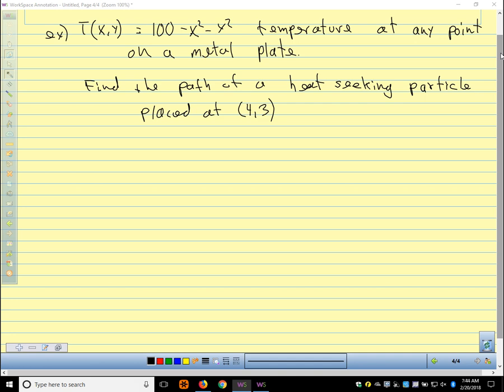All right. Well, this is all we have. Well, what's one thing that we know points in the direction of maximum temperature? The gradient.